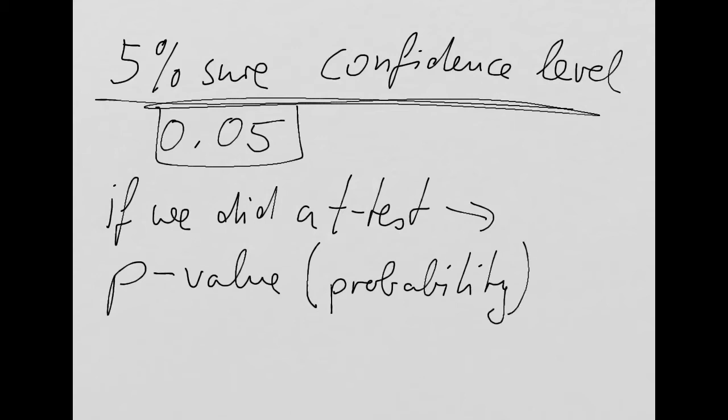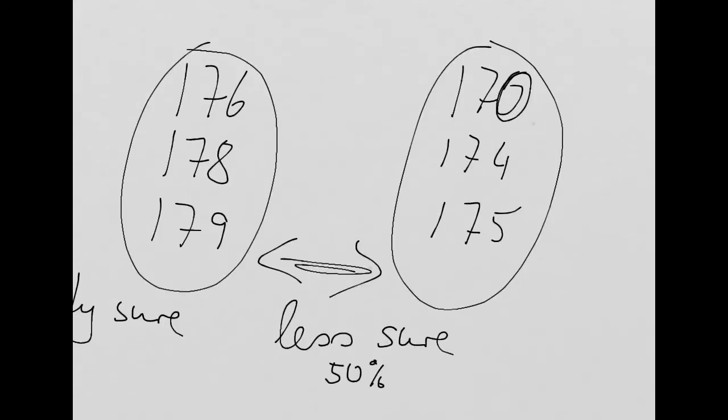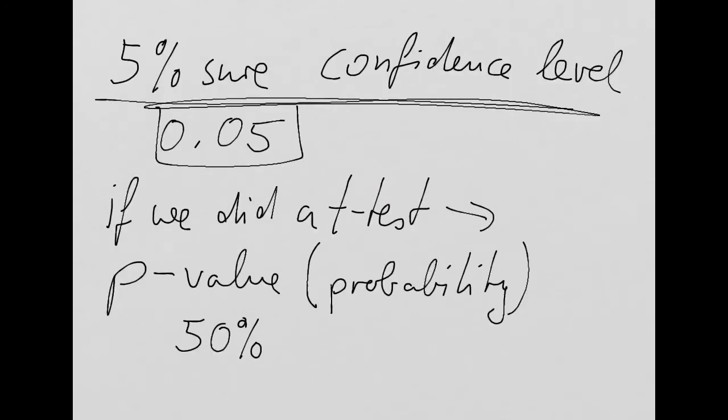And it gives us a p-value of, say, 50%, then this would be similar to the comparison between these two here. We are 50% sure that they are all right. So this means, well, probably okay, these two samples.